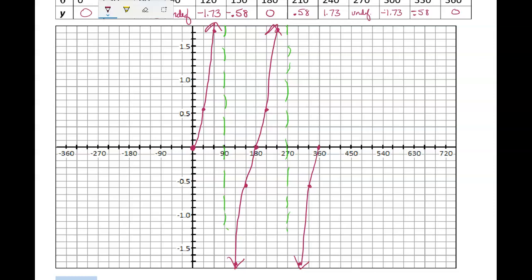But what you'll notice is this is repeating a lot more often. Let's sketch in the rest beyond 360 here. So we're just going to repeat the same pattern again. There's the rest of that piece, followed by a vertical asymptote at 450.